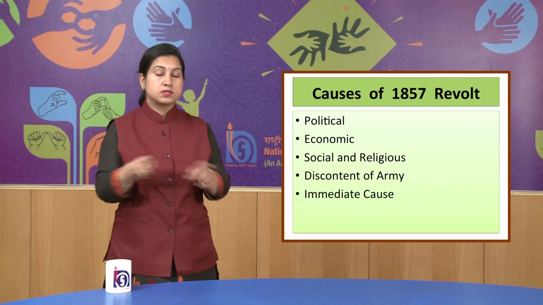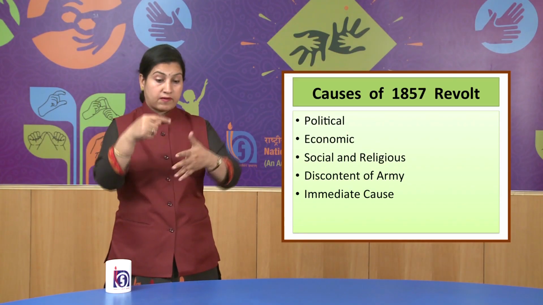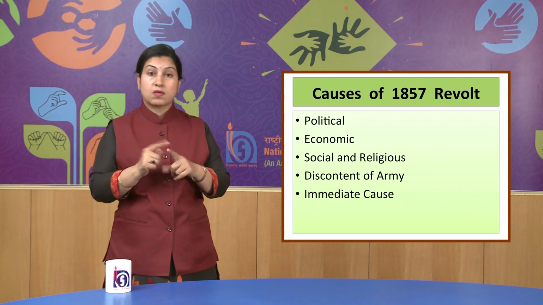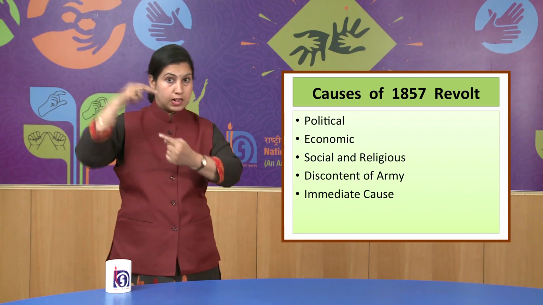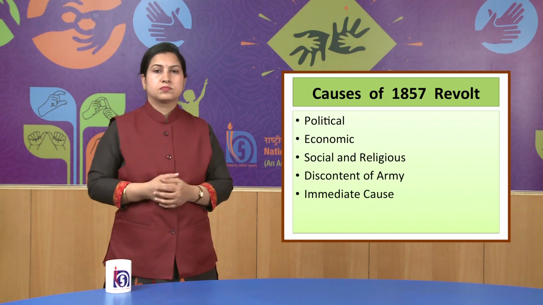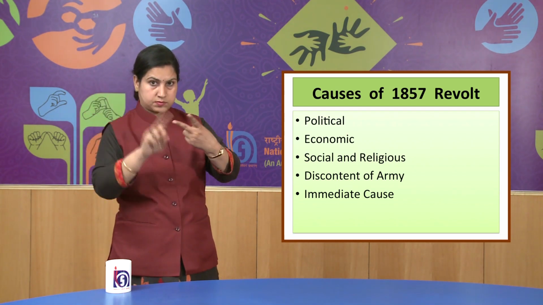Learners, let us quickly revise all that we have learned in the video so far. We discussed the causes of the revolt of the year 1857. In this, we discussed the five main causes. The first cause was political cause. The second cause was economic cause.